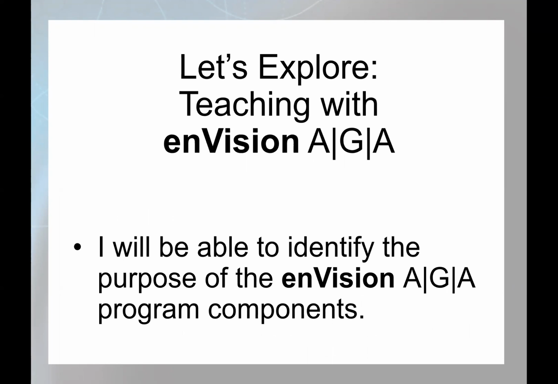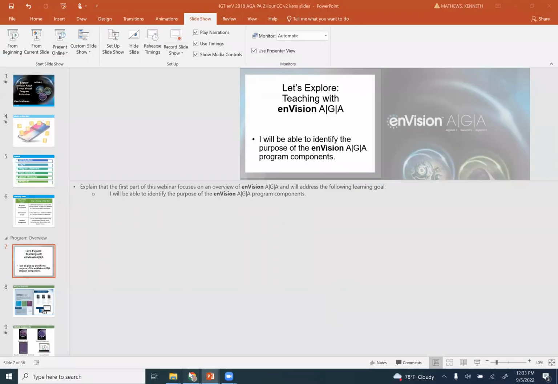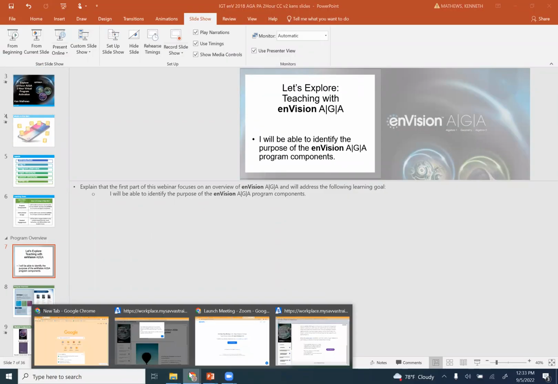So we are in actually part 2, where you will be able to identify the purpose of the Envision's AGA program, but that's part 3. Actually, part 2 is logging in. So what I would like you to do right now, I'm going to hit escape, and we're going to go to Savvis Realize.